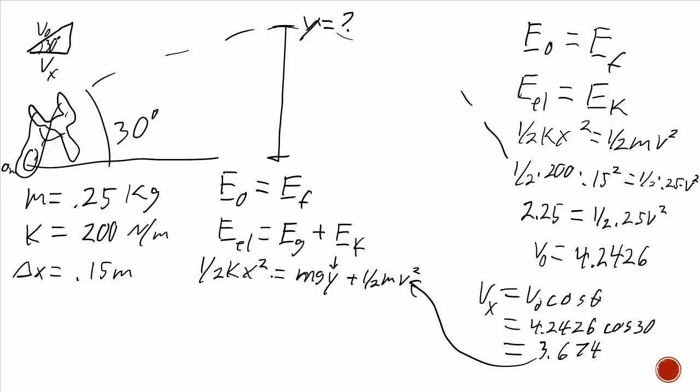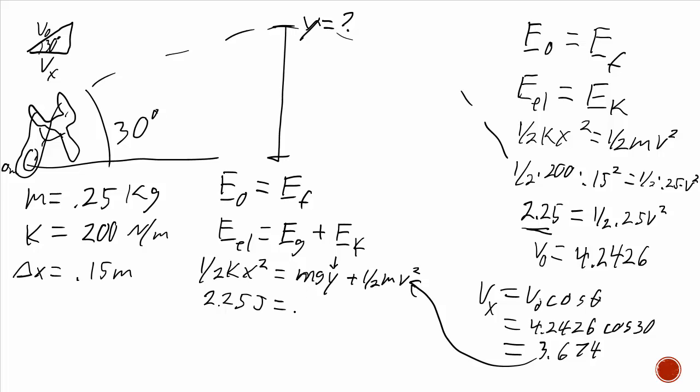Now I can go ahead and plug in my other numbers and solve for what I was looking for, the height. I already know the elastic energy I started with. That's what I solved for over here. So I started with 2.25 joules. I don't need to write the units, but you can.